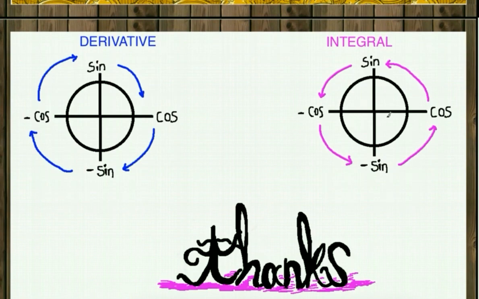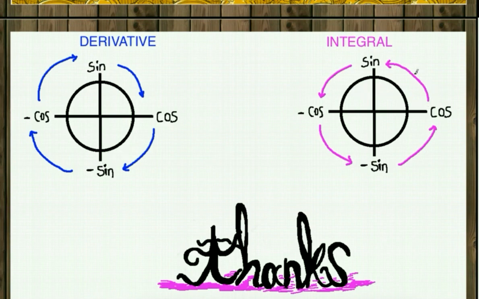And this is also a fast technique to find the derivative and antiderivative of trigonometric functions. So if you go clockwise, you get the derivative of each trigonometric function. And cosine is at the positive x direction, negative cosine is at the negative x direction, sine is at the positive y direction, negative sine is at the negative y direction.